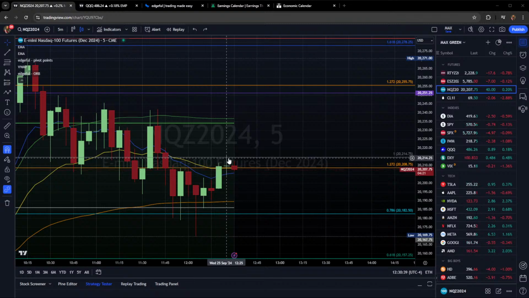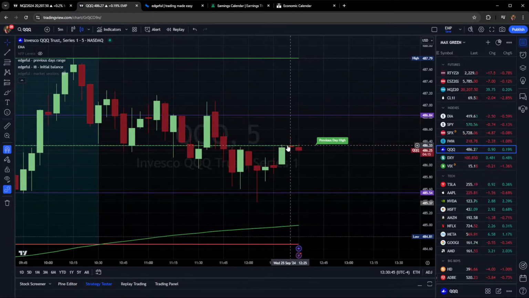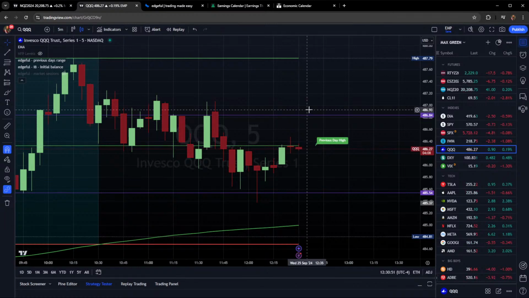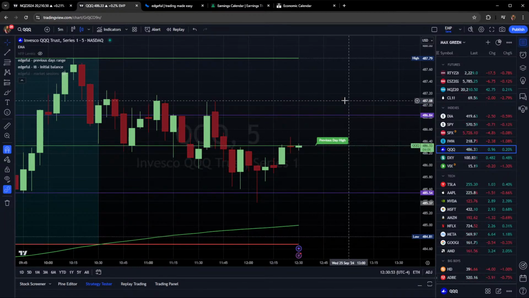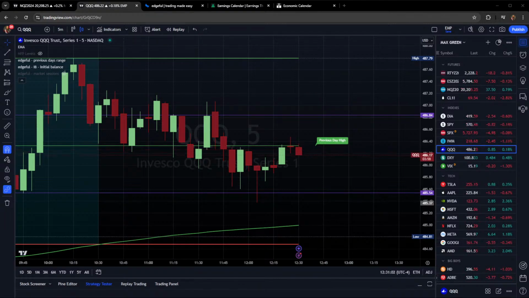So is this a shooting star rejection of yesterday's high? Kind of looks like it. A reclaim of this. That's good.